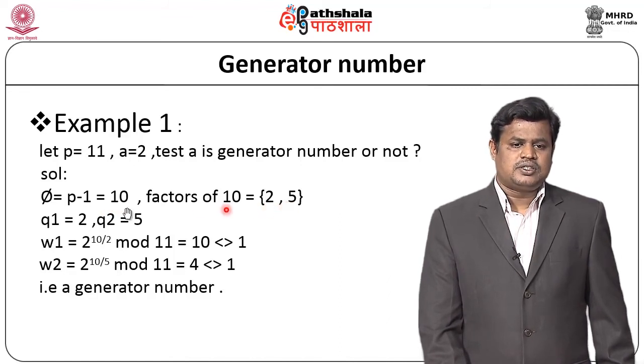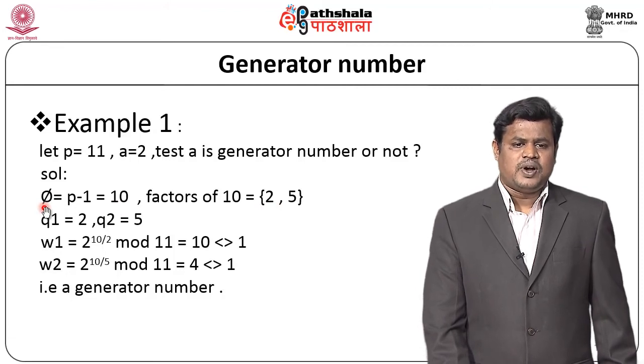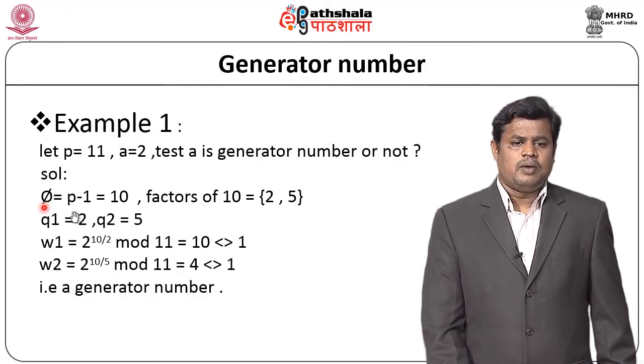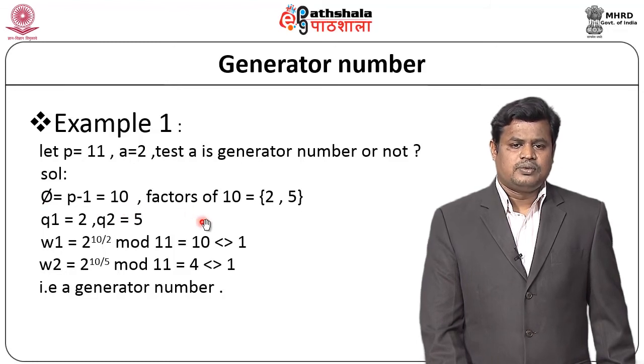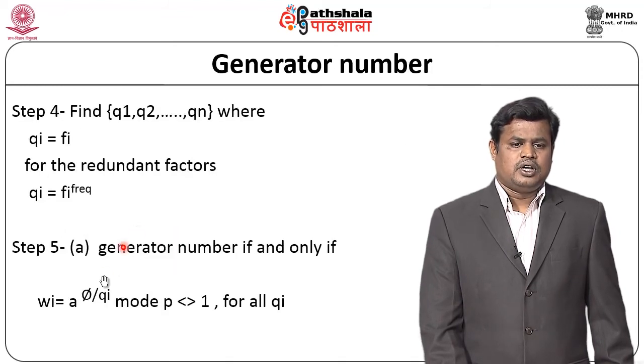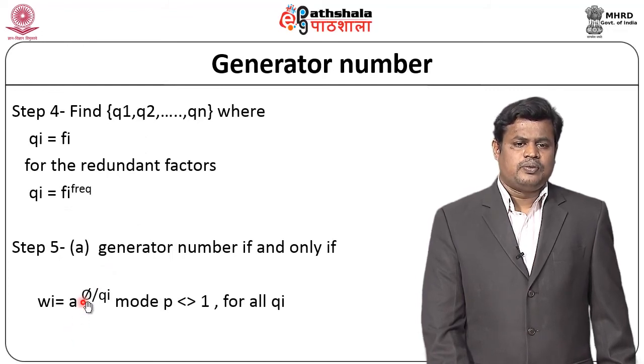We can apply Euler's totient function, or Euler's phi function, to find the factors of 10. So we got 2 and 5. Now we have q1 equal to 2, q2 equal to 5. Based on the last step, wi is equal to a power phi divided by qi mod p.